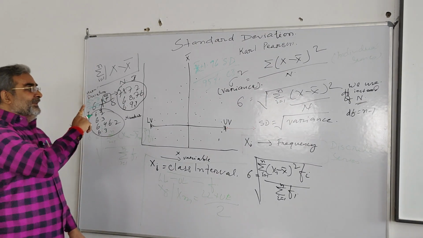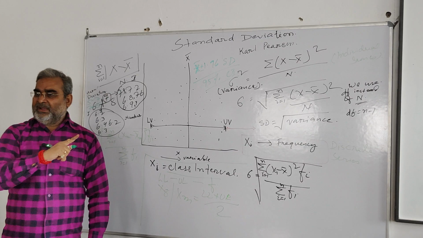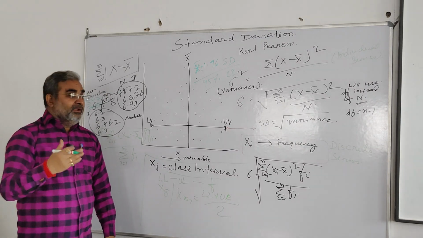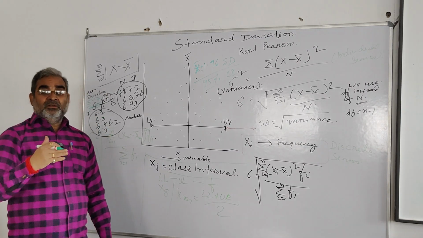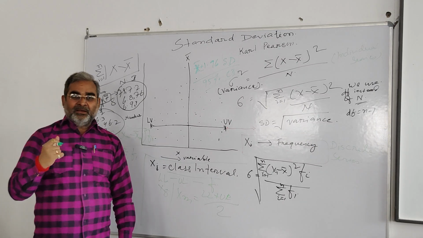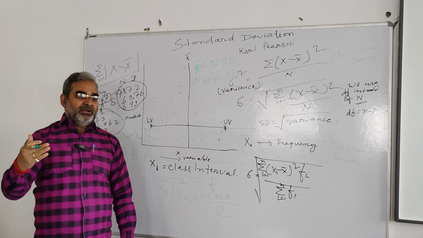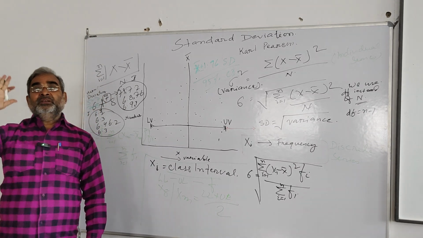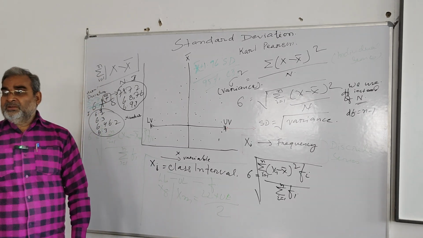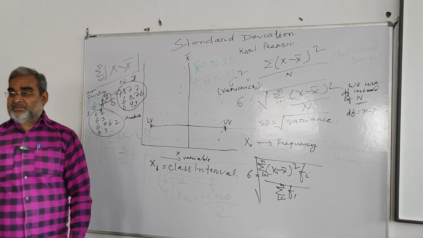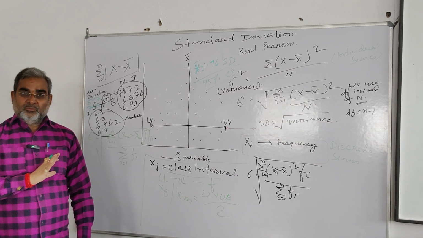Why so? It is necessary. ठीक है? Otherwise the standard deviation or the variance provides the basis for the calculation of a number of tests of significance. Clear? कोई दिक्कत नहीं?